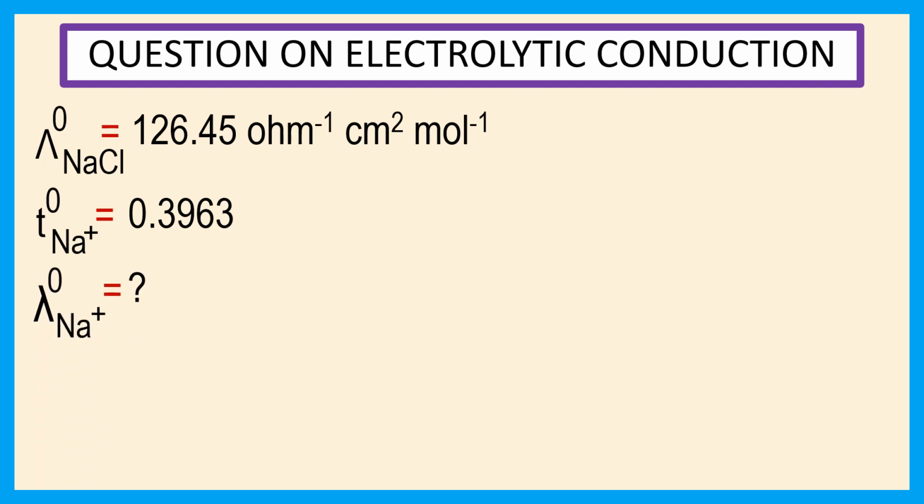Molar ionic conductance of Na+ we will calculate. Therefore, molar ionic conductance of Na+ is equal to transport number of Na+ into molar conductance of NaCl. Now we put the values of transport number and molar conductance of NaCl in this equation.